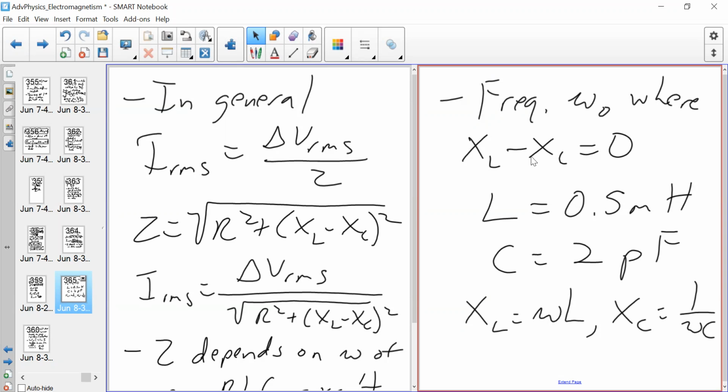The frequency must be such that these guys are equal and that there is no consideration per se of the phase shifts inherent within the inductor and the capacitor. So we want to basically cancel this term out in this impedance situation.